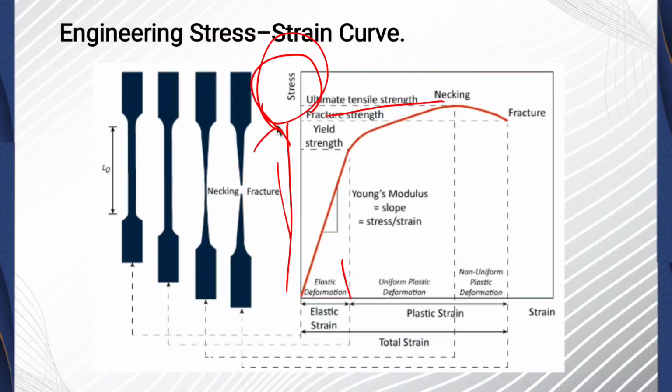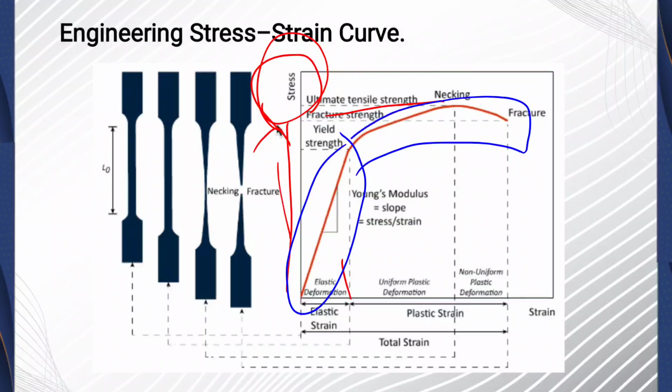Next, these images show how the specimen changes during the test. Initially it has a uniform shape. During plastic deformation, elongation increases.